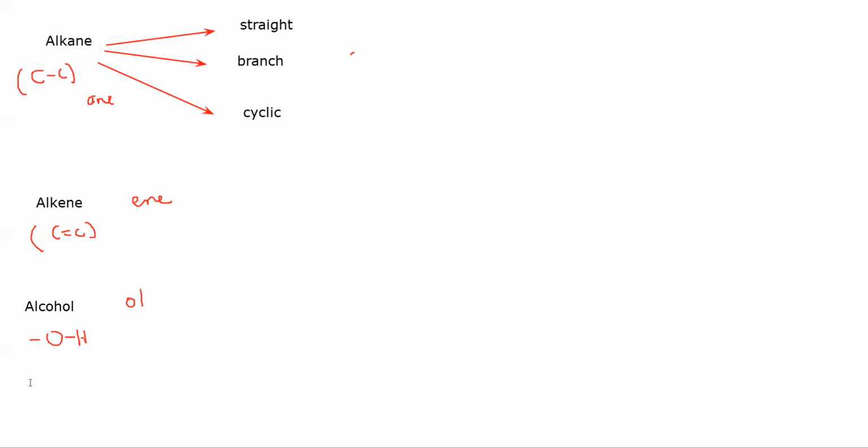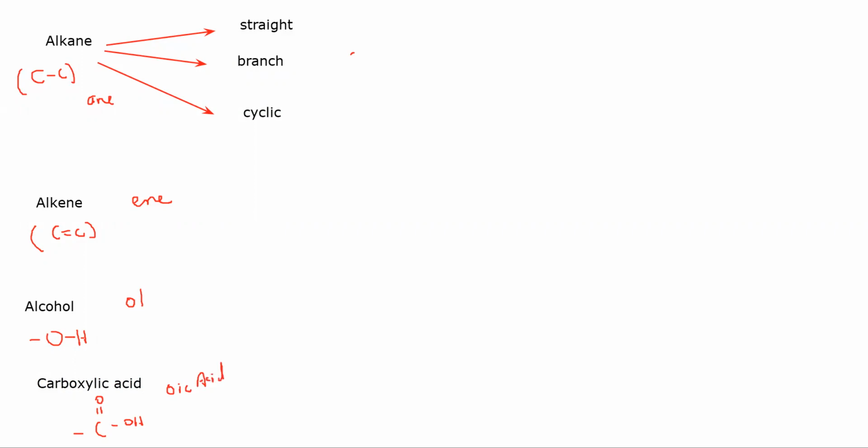Then carboxylic acids. These carboxylic groups contain C double bonded with O and OH. And the name should have oic acid.